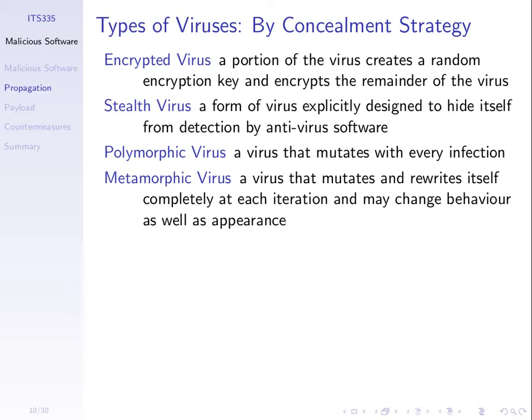So a polymorphic virus just changes the way it looks, whereas a metamorphic virus also changes what it does, maybe what the payload is, or how it infects other programs, which is harder to do, but from the virus's perspective, harder to detect.